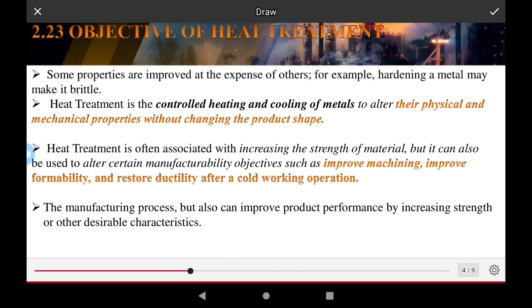Heat treatment is often associated with increasing the strength of material, but it can also be used to alter certain manufacturability objectives such as improving machining, improving formability, and restoring ductility after a cold working operation.